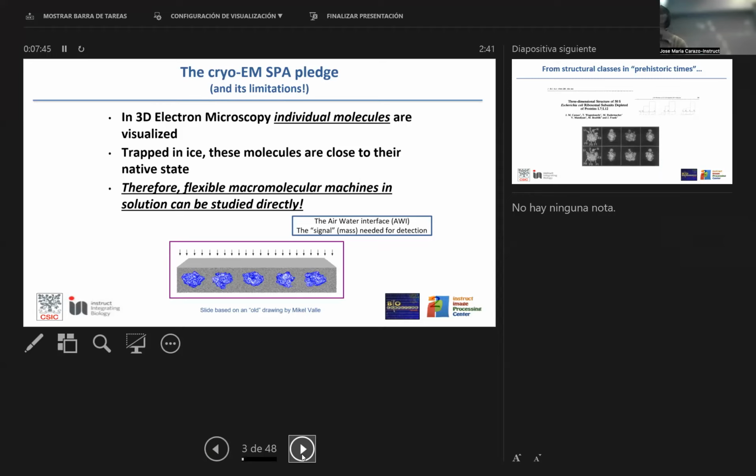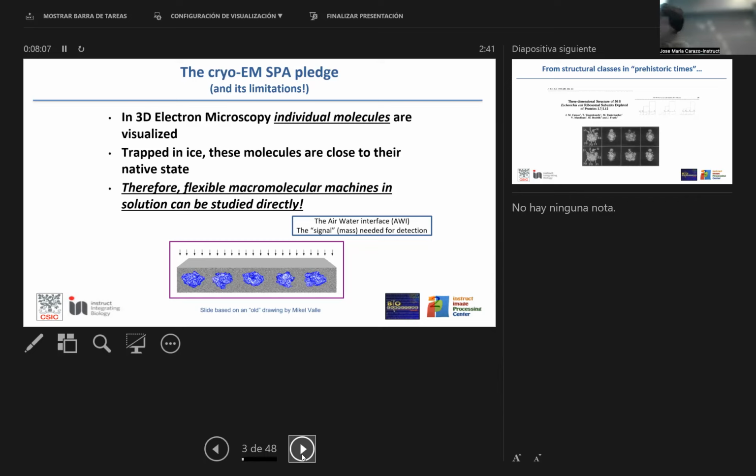There is another very important application, tomography, that we also do, but I am not getting into that right now. So when you are imaging purified macromolecules, you are imaging each of these complexes. You are not mixing the signal from one complex to another, meaning you are not doing an averaging or anything like that.